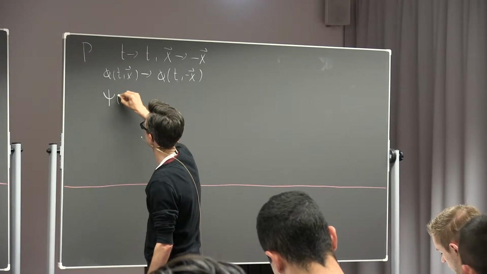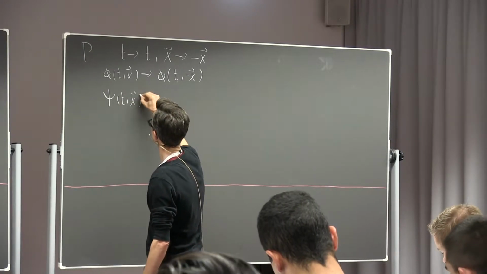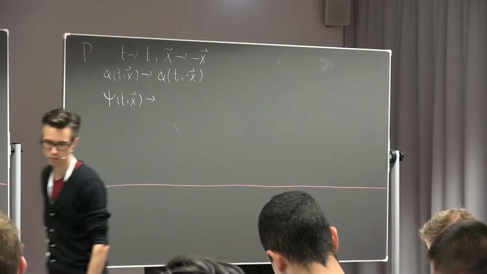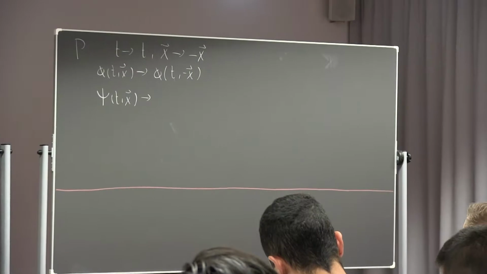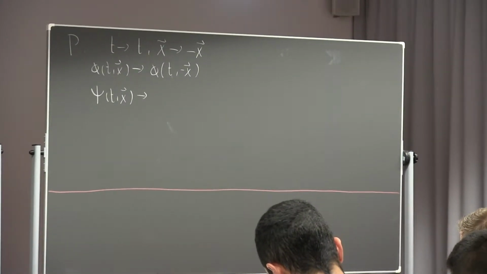For a Dirac fermion, psi of t,x goes to, let me double check this. It's a gamma 0, but I want to make sure I get the gamma 0 in the right place.